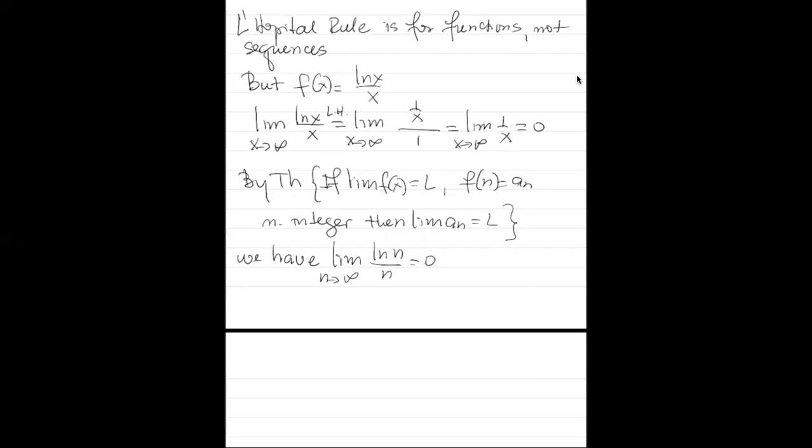Example, determine whether the sequence a sub n equals -1 to a power n is convergent or divergent.